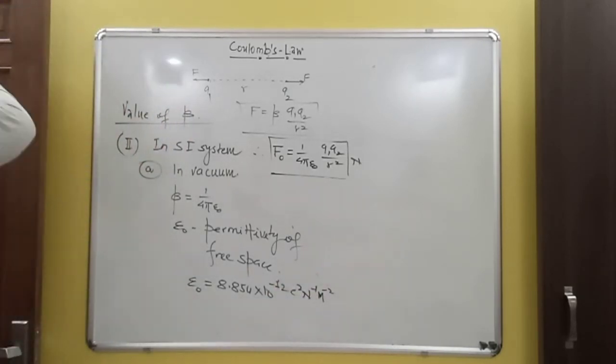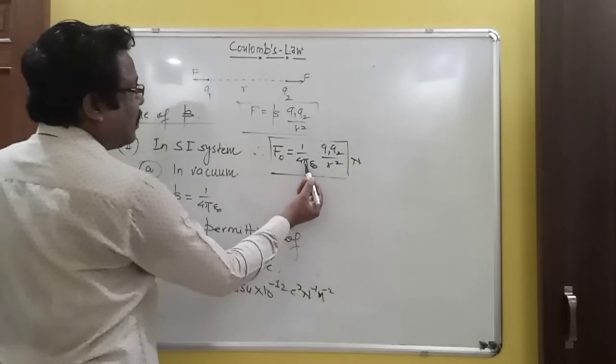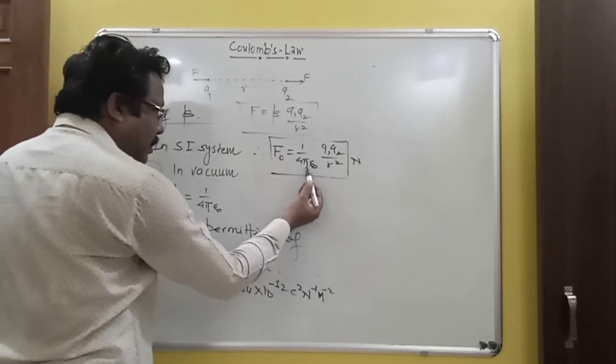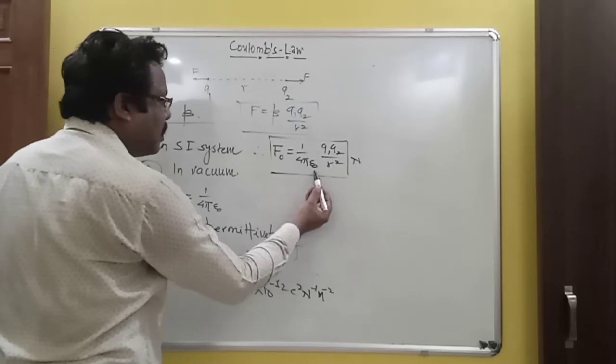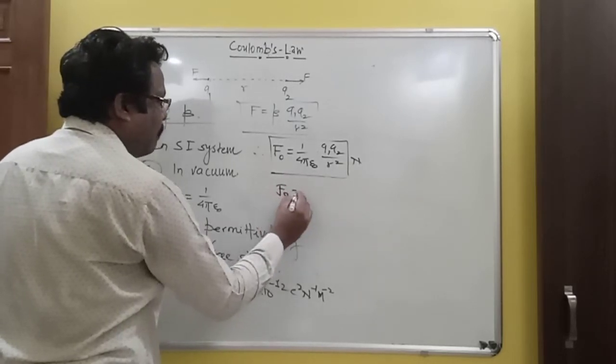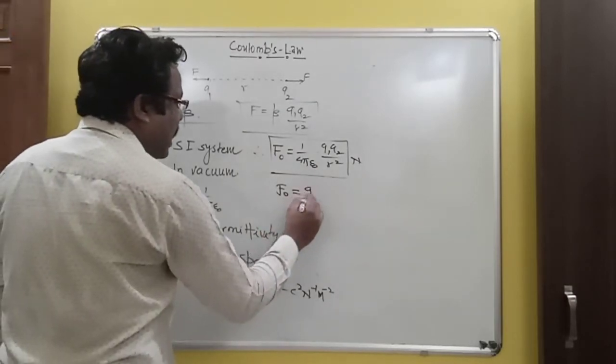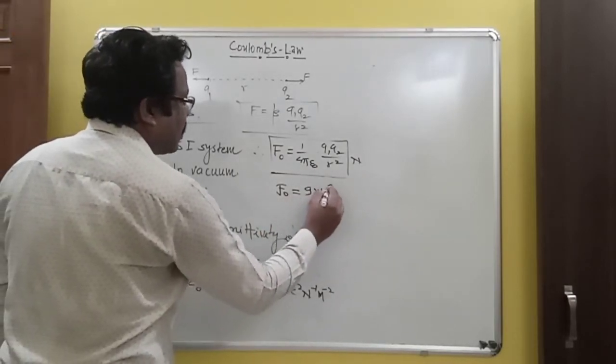Now further, if I substitute here the value of pi and epsilon naught, you may obtain this 1 upon 4 pi epsilon naught as 9 into 10⁹.